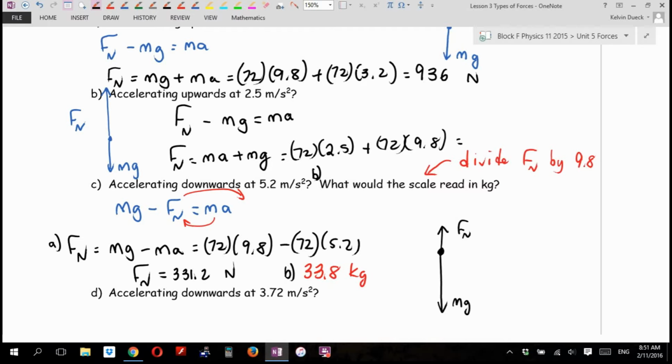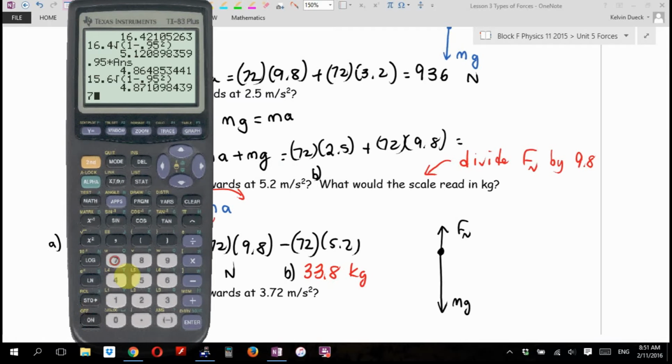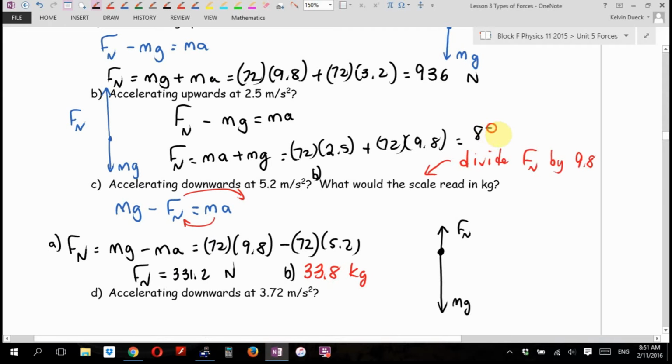Nah, yucky math. Let's just crunch it. 72 times 2.5 plus 72 times 9.8. You get 885.6. I'll call that 886. And it's a force in newtons.